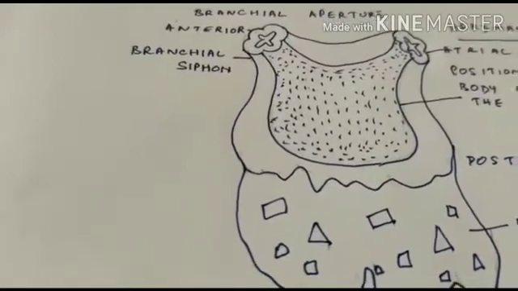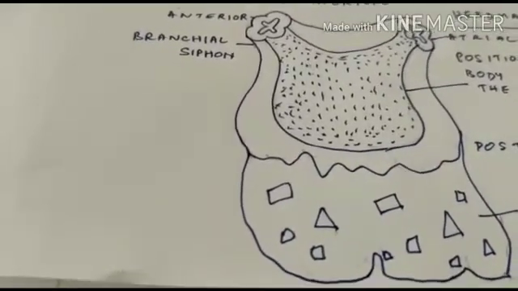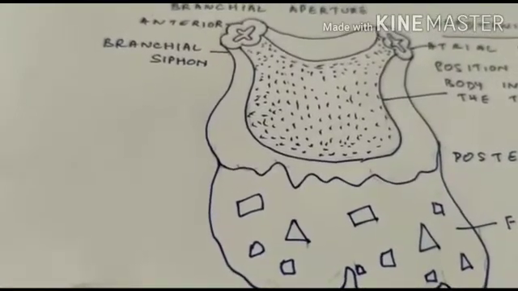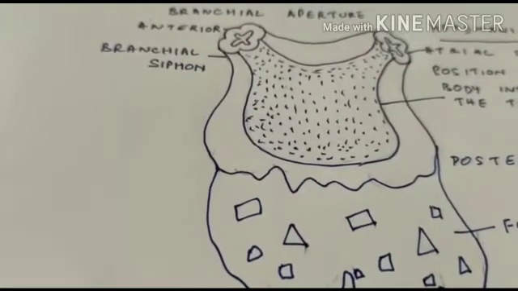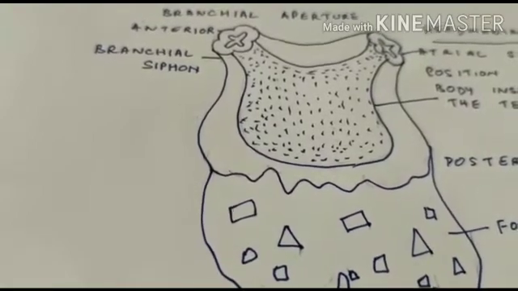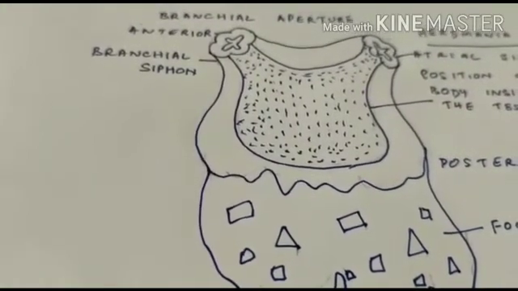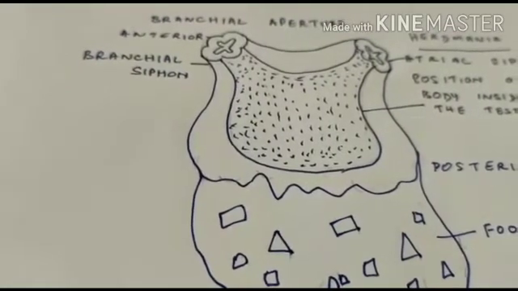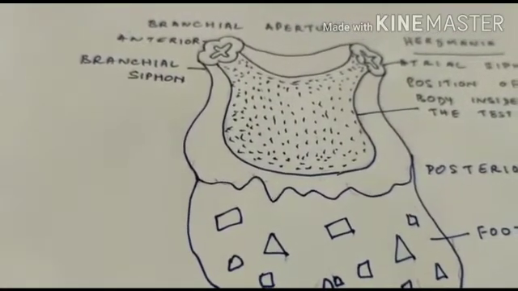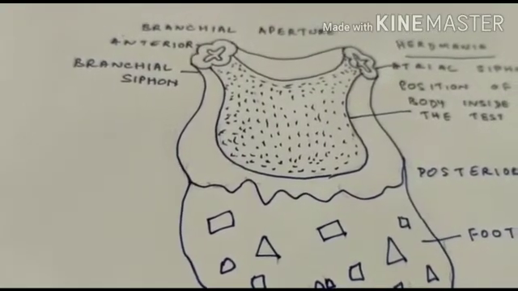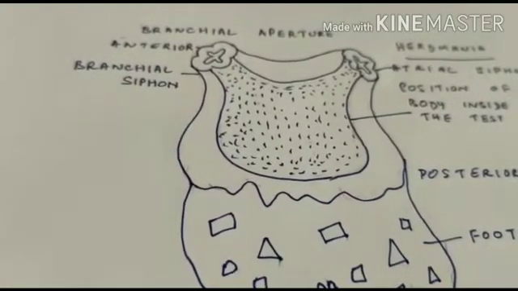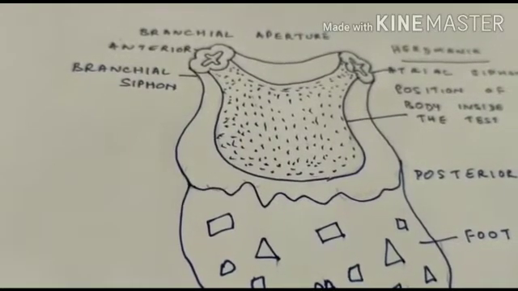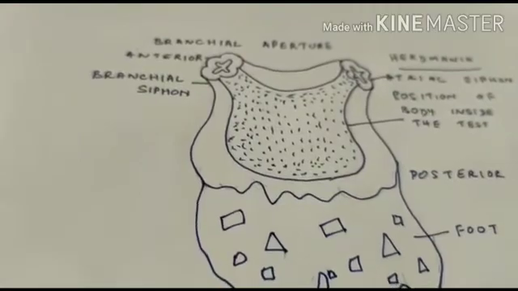But there is one major difference, that is, in case of urochordates, we find that the metamorphosis is of the retrogressive type. What do we mean by retrogressive metamorphosis? It is the development of the larval form into an adult in such a way that the larval form is highly advanced and it loses all the advanced features, and the adult is a very simple form.